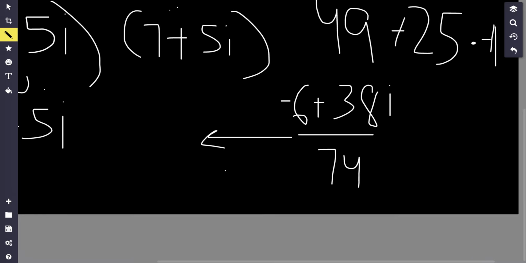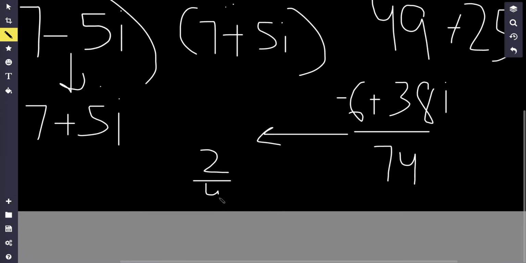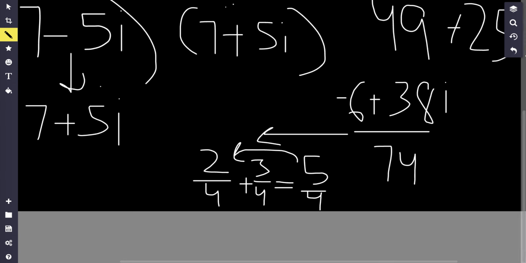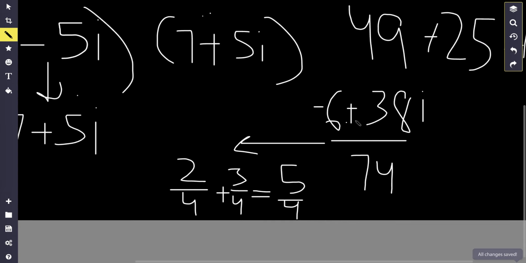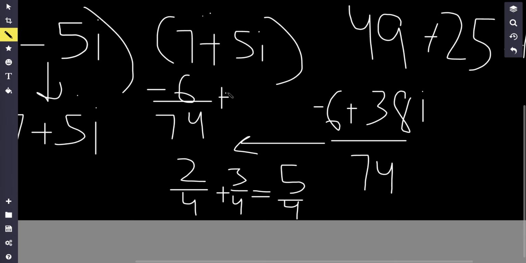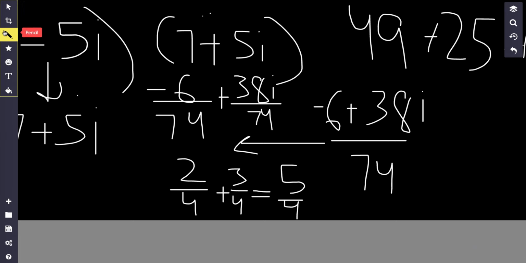It's just like how, if you have, let's say, 2 over 4 plus 3 over 4, because they have the same denominator, you can add the numerators together. Well, you can also go backwards. In this case, we're going to go backwards and separate this fraction into two parts. We have negative 6 over 74 plus 38i over 74, right? So now we separated the real part from the imaginary part.